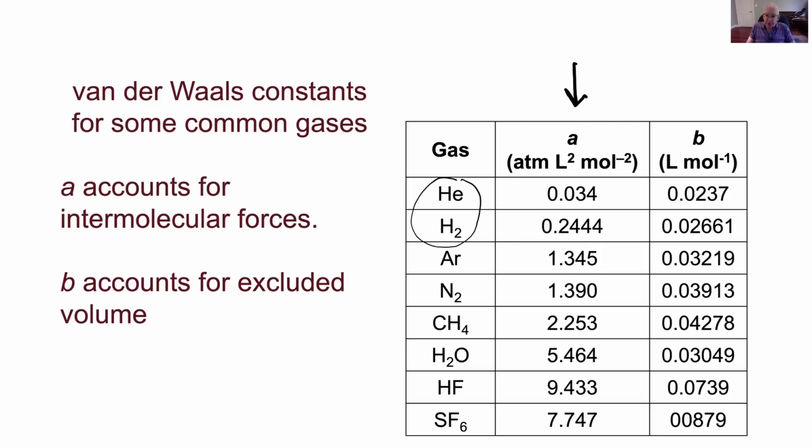As I get down to the bottom, I'll see that water and HF and even SF6 down here have rather large values for the a constant, meaning when we start to try to explain intermolecular forces, we're going to want to be able to account for the fact that those things down here have rather strong ones, and the ones up above them in this list have much weaker intermolecular forces, right? So our understanding should reflect that because these are things that we just have to have built into whatever description we use.